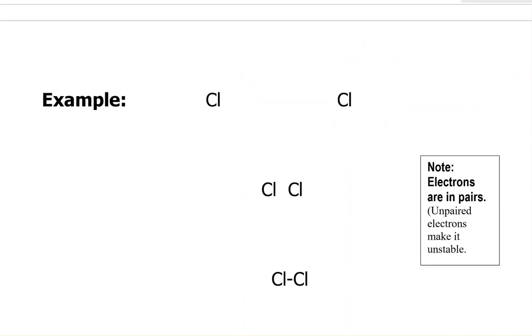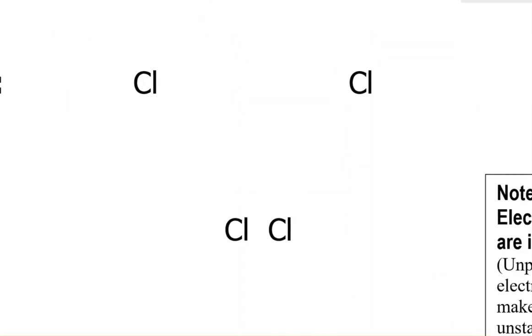Okay, let's look at an example of something forming a bond. I'm going to zoom in a little. Okay, so chlorine, it's a halogen. It has 7 valence electrons. I wish I had used a different color.